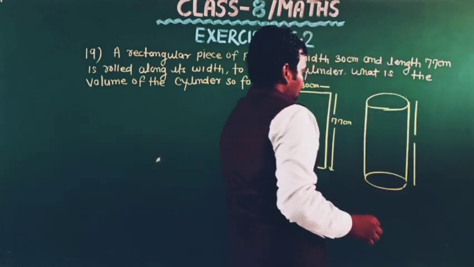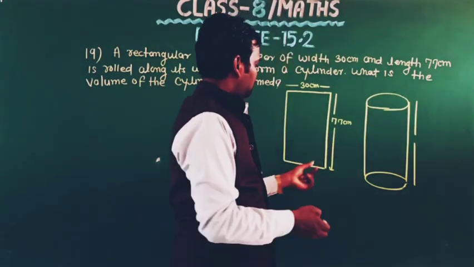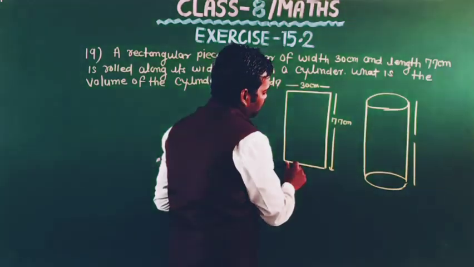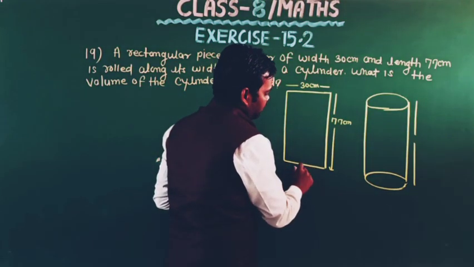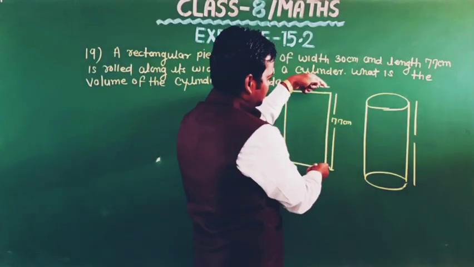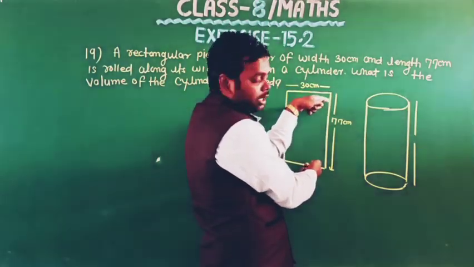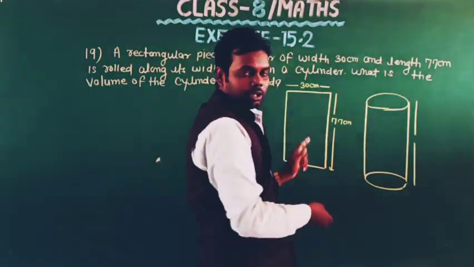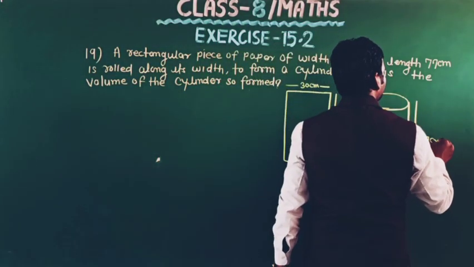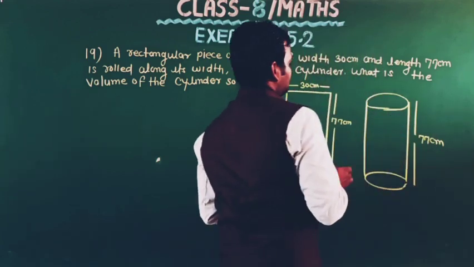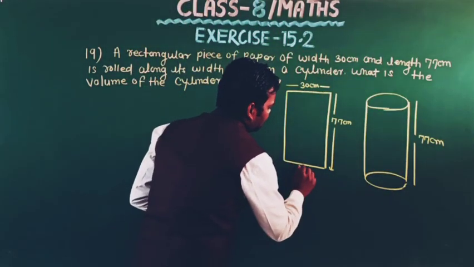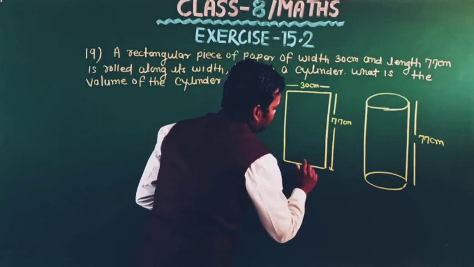Suppose this is a rectangular piece of paper and we have to roll it from its width. Then the cylinder formed has the same length, meaning 77 becomes the height of the cylinder, and this is rolled along the width.